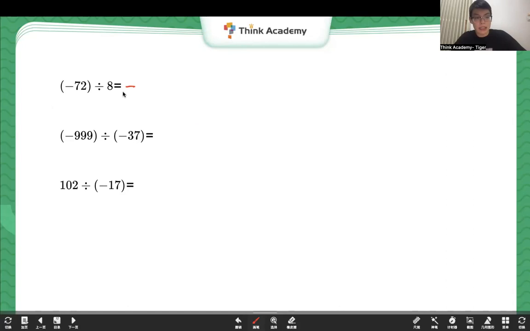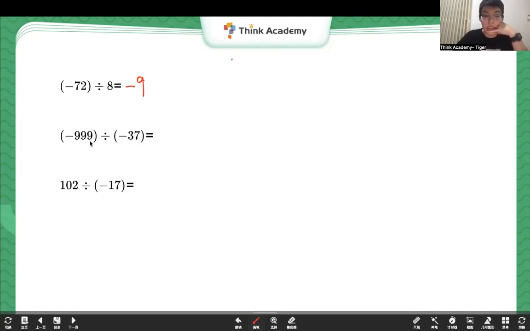So we put down a negative there first. And after that, we divide 72 by 8. That's going to be 9. So dividing minus 72 by 8, that's going to be minus 9.